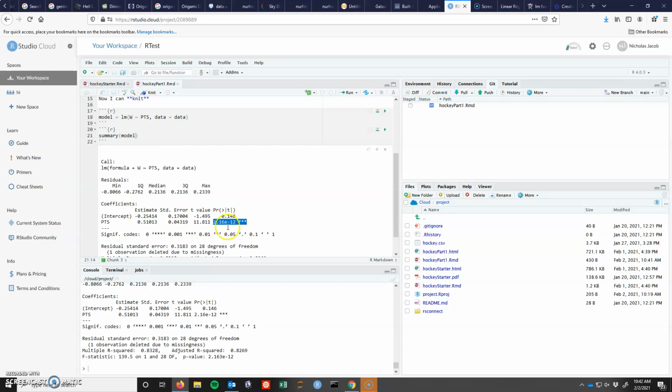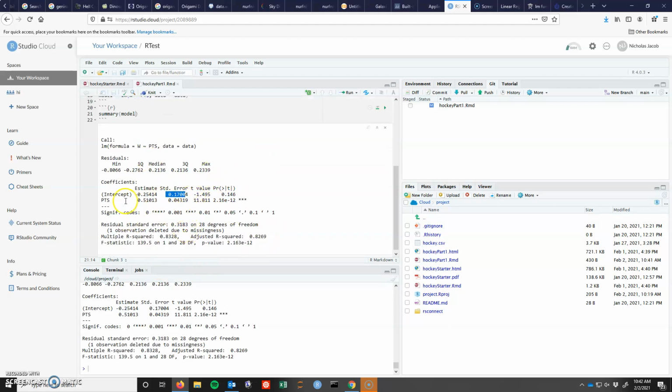This one is highly significant, three dots, essentially 0. The intercept is not very significant. Remember, a moment ago when I said that it was negative a quarter, I had a hard time interpreting that. It doesn't look like it's statistically significant. And of course, I have the standard error and a t-value for it. So this one is not statistically significant. Maybe I wouldn't use that.